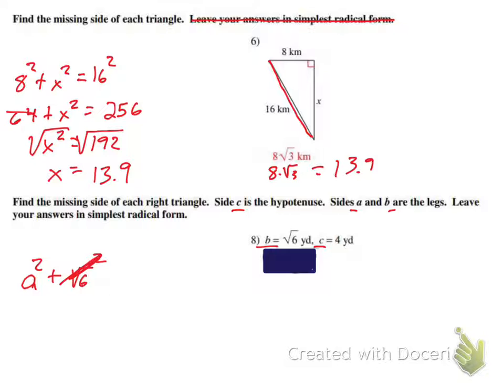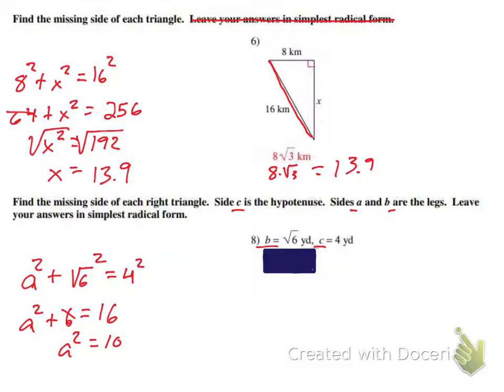So to write everything out, I would just then say c squared, and then I would fill in c for 4 squared. So then I would have a squared plus 6 is equal to 16. I'm minus the 6 on each side, so I get a squared is equal to 10.